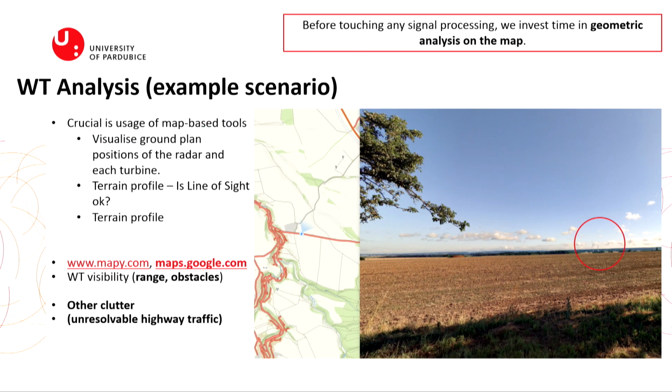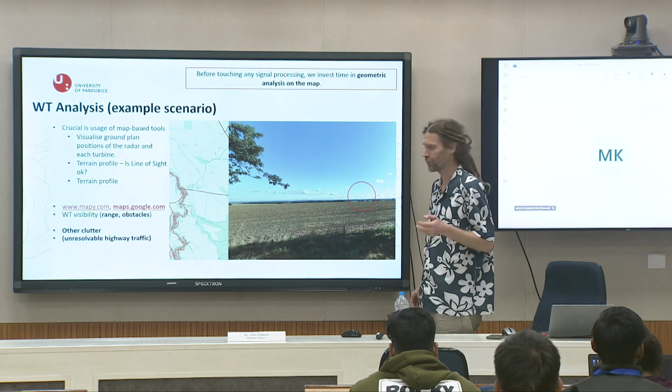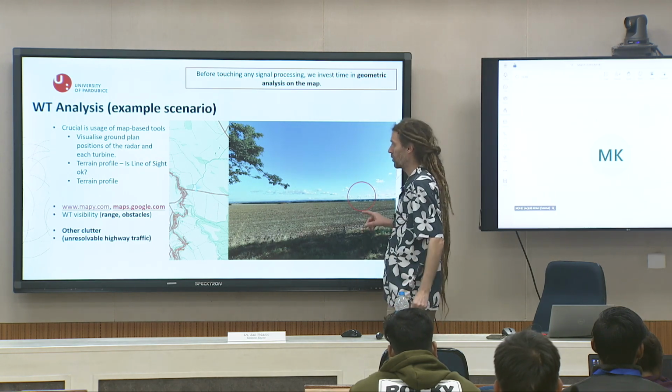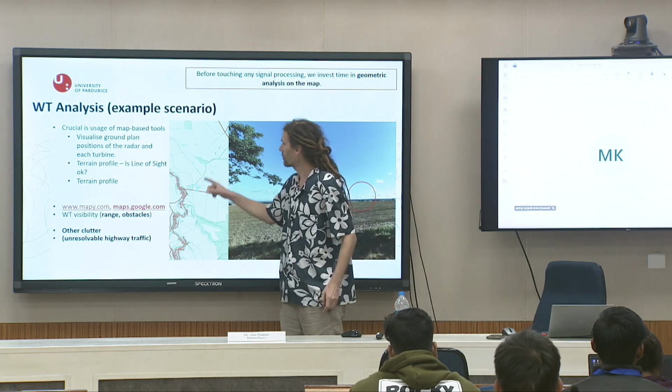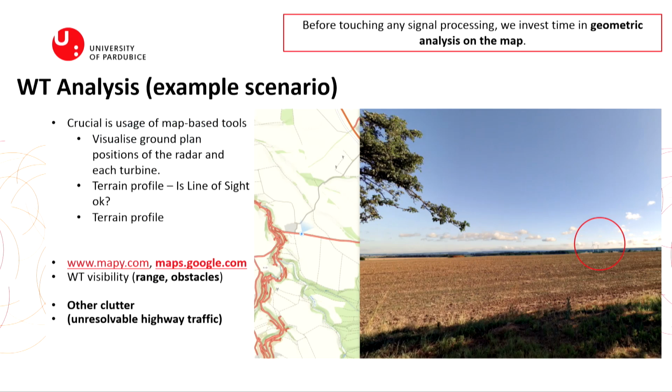And always plan like this. It is not so hard, okay, it takes some time, but it really saves your time. The problem is that a few times we planned a better place, because of course there are roads, small roads and so on, but then we figured out that there is some tree, there is, I don't know, a pond with reflection, there is something that is not good for measurement.